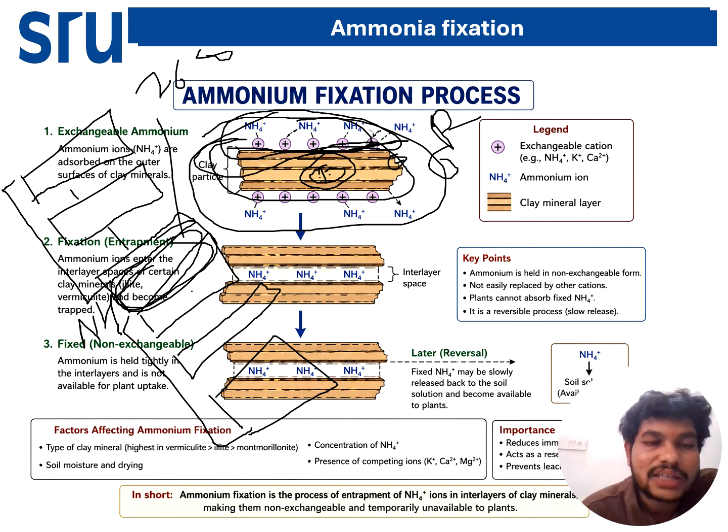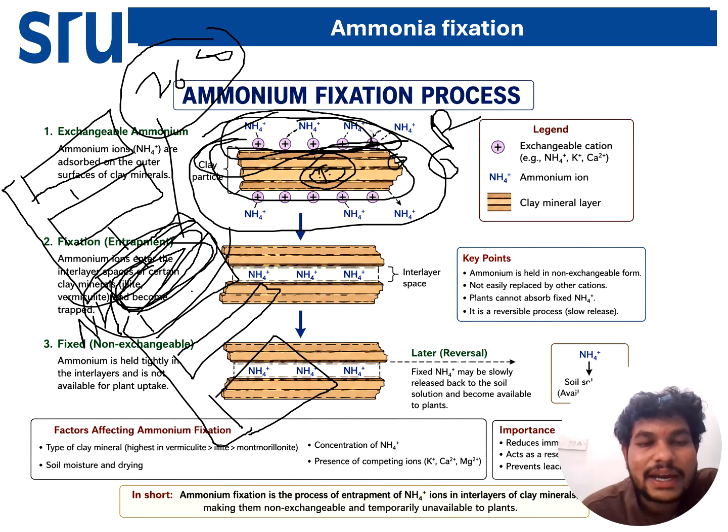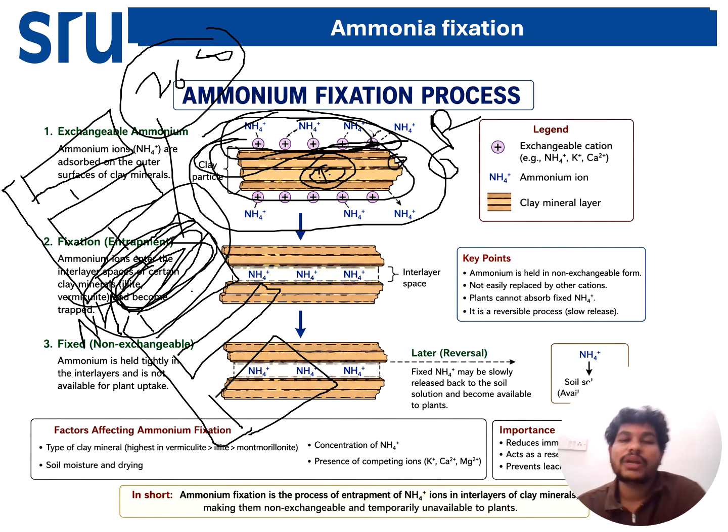If you see the size of NH4, it is 2.84 angstrom, which is nearly the size of the hole, and that's why it will go inside. When the water is removed because of evaporation, these two lattices come close, because some tilting will occur inside, and NH4 will get fixed. Because of this process it will not come outside.